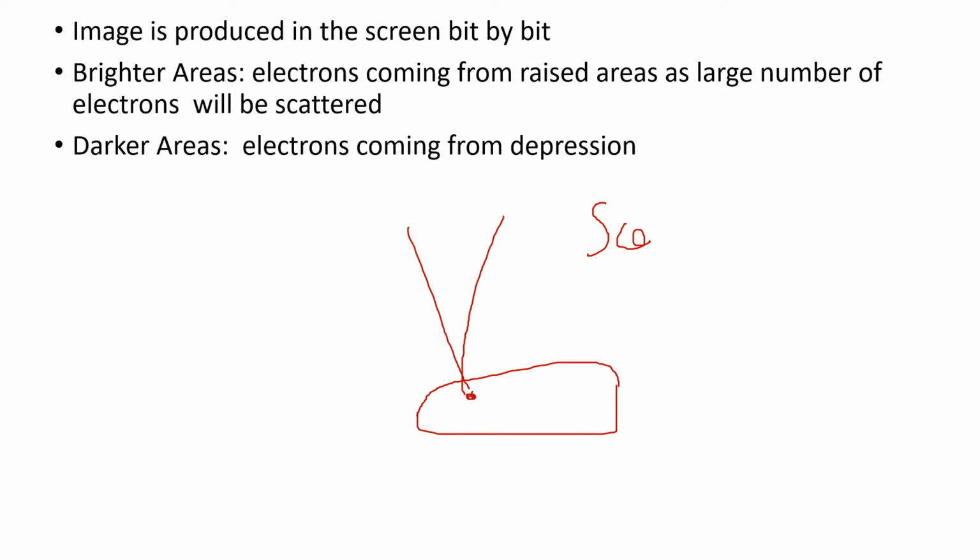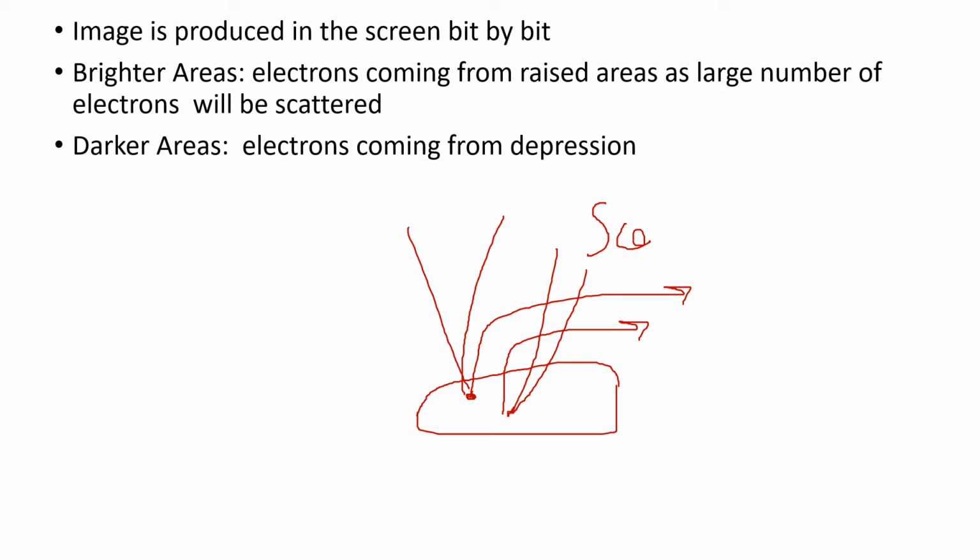We will be deflecting this beam so that this pointed beam now scans this part of the specimen, and finally secondary electrons will start coming out from this point. Earlier the secondary electrons were coming out from that point, and bit by bit secondary electrons are getting detected by the secondary electron detector, and finally the image will be produced.